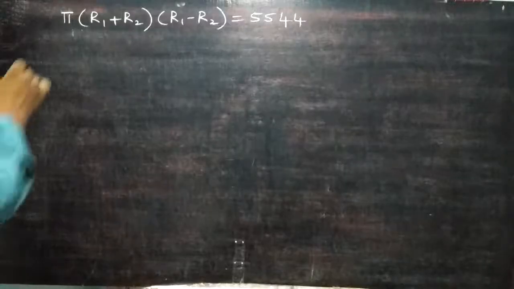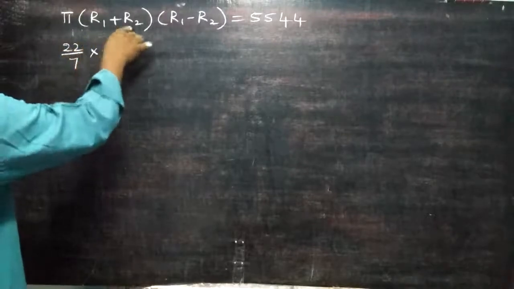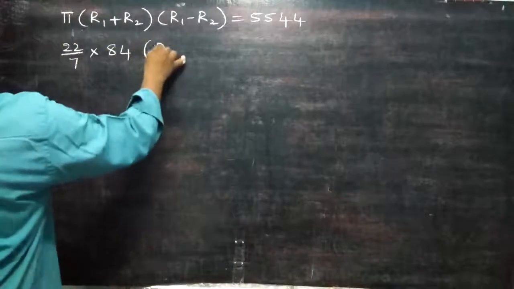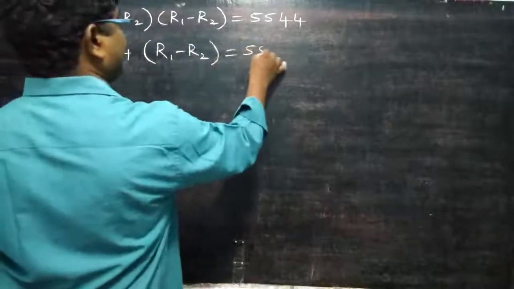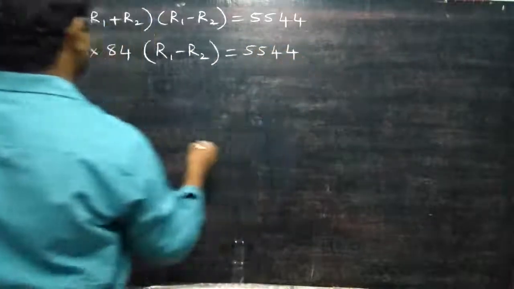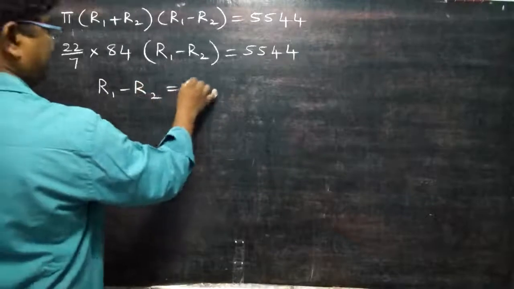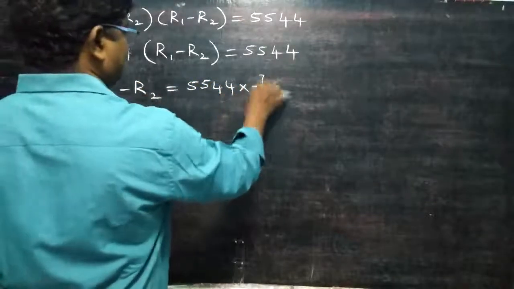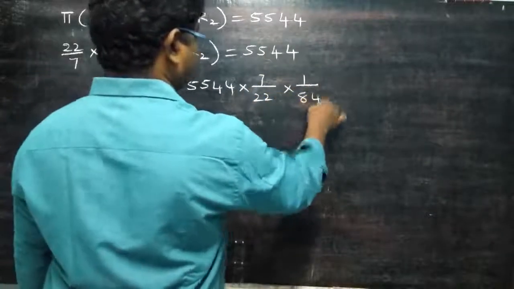Now we know pi means 22 by 7 and we got R1 plus R2 is 84, into R1 minus R2 is equal to 5544. R1 minus R2 is equal to 5544 into reciprocal 7 by 22 into 1 by 84.